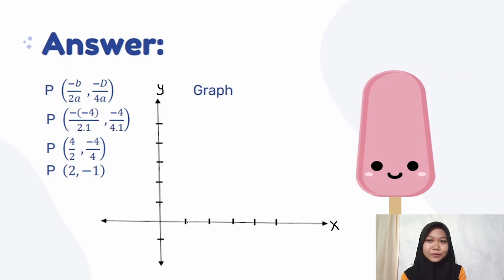The first is (1, 0): 1 is x and 0 is y. Then (3, 0): 3 is x and 0 is y. Continuing, (0, 3): 0 is x and 3 is y. Then the vertex point is (2, minus 1). We meet the point.